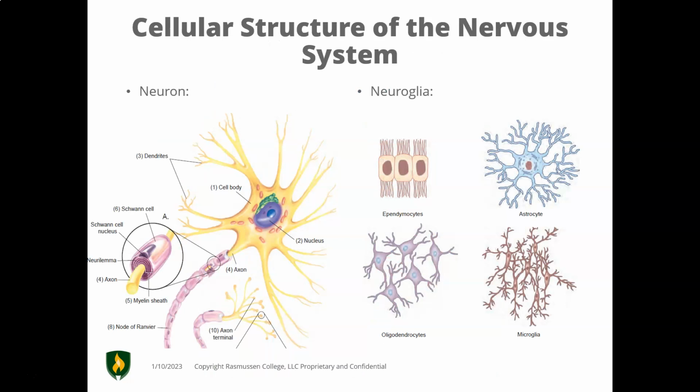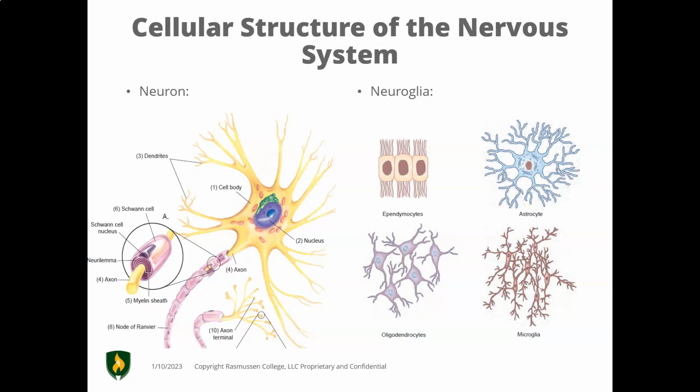When we talk about the nervous system, we need to talk about the cellular structure of it. So we have to look at the nervous system in total. It is composed of two principal cell types that together make up the nervous tissue of our body, and that is a neuron and neuroglia.